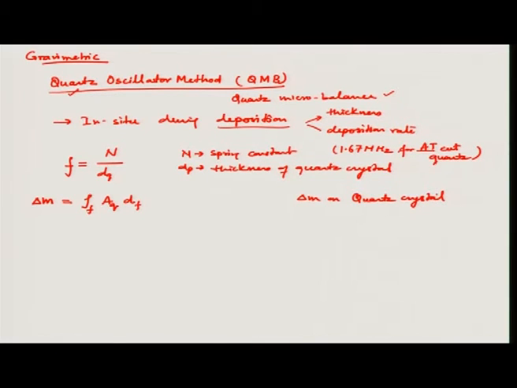Now, how does this change the thickness of the quartz? You can use that this delta mass will change the quartz thickness by a certain amount. So, the change in quartz thickness is delta m divided by rho of quartz and area of quartz.